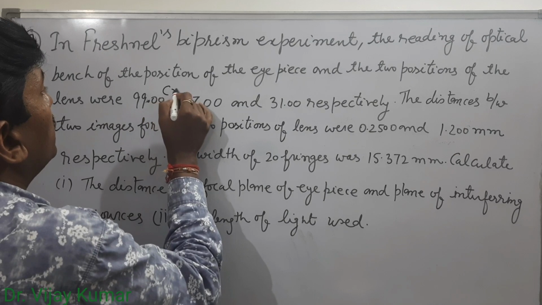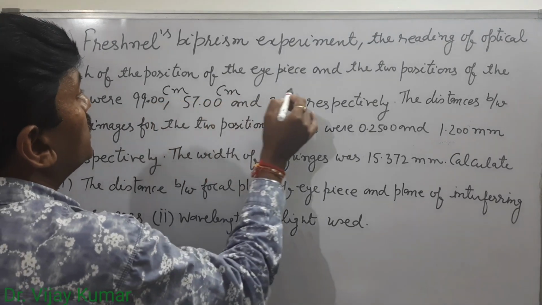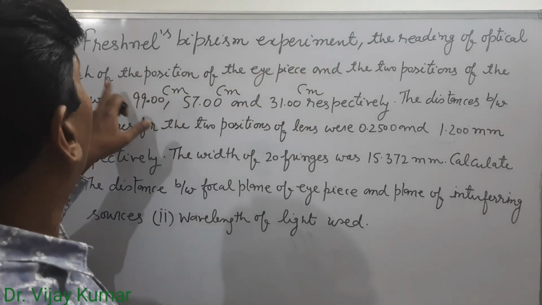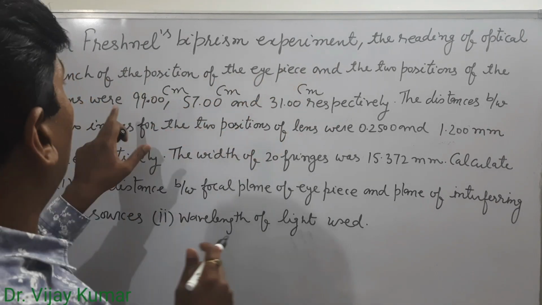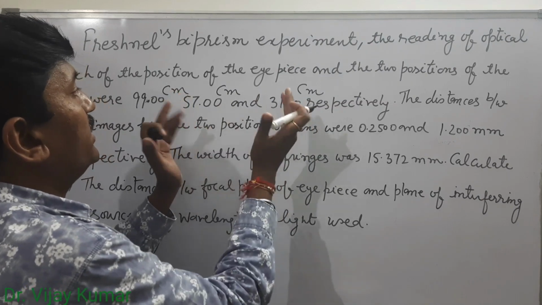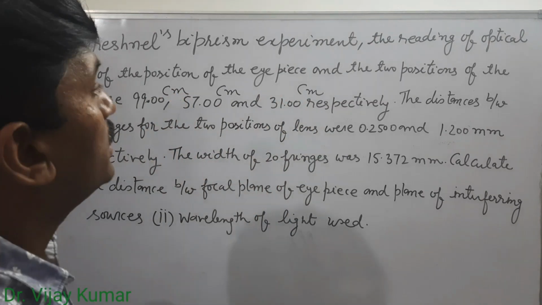These are the position of the eyepiece, and these two data represent the two positions of the lens.